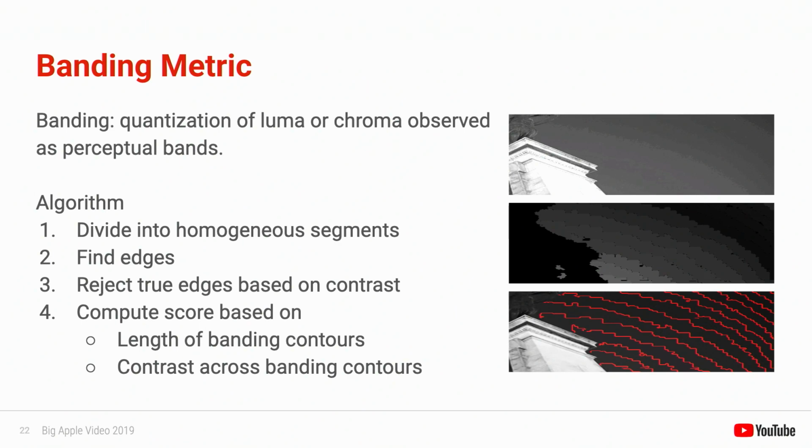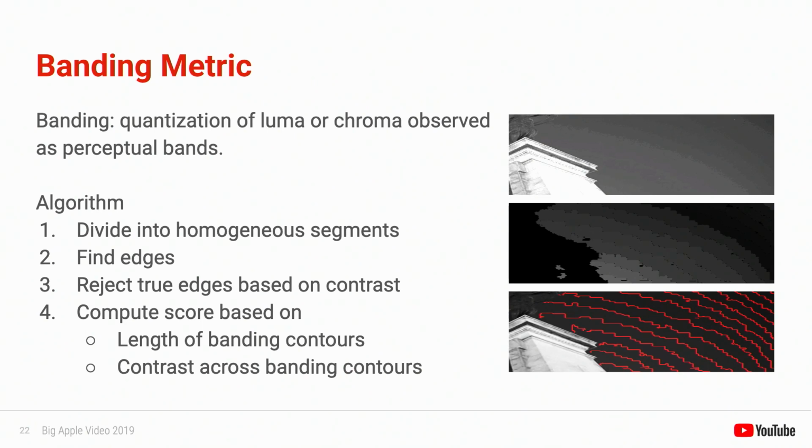Here's a brief overview of how it's computed. First, the frame is divided into homogeneous segments. An edge detector is used to find the edges between these segments. Then, it's important to distinguish between true edges in the image and edges caused by banding artifacts. For instance, in the example on the right, there's a building in front of a sky and banding artifacts in the sky.